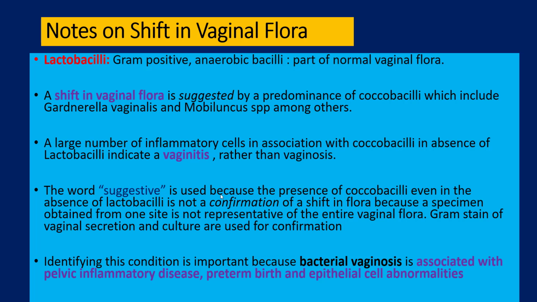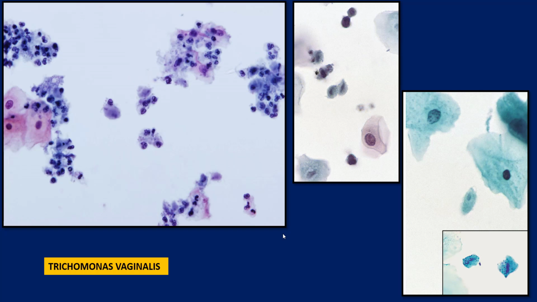However, it is important to report it saying that there is suggestion of a shift, because bacterial vaginosis is associated with pelvic inflammatory disease, preterm birth, and even epithelial cell abnormalities. But of course, then we need to identify those abnormalities on the smear. So it is important to report this condition if we see the evidence of such a thing happening on the smears. The next thing I'm going to discuss is Trichomonas vaginalis.